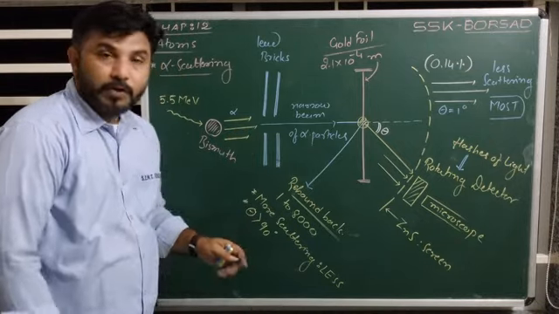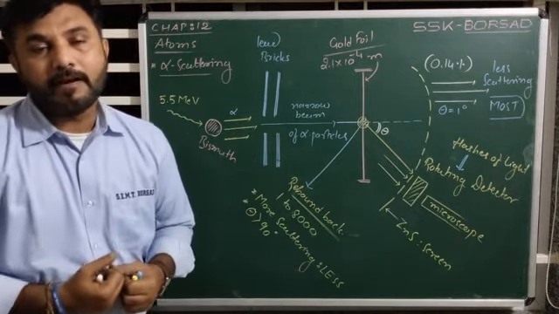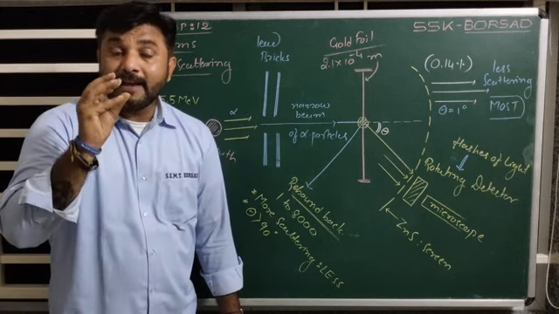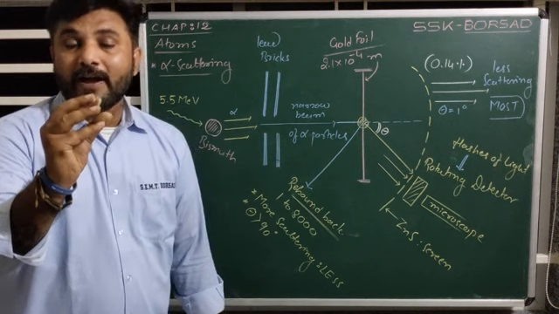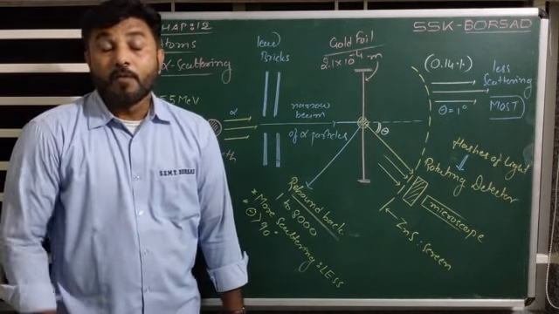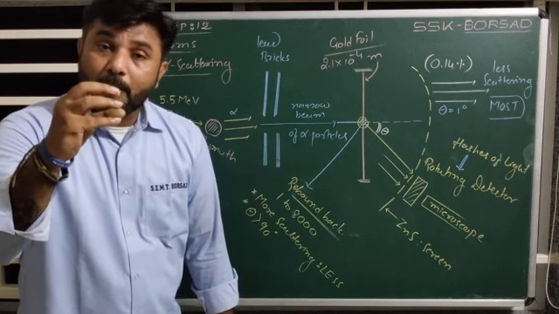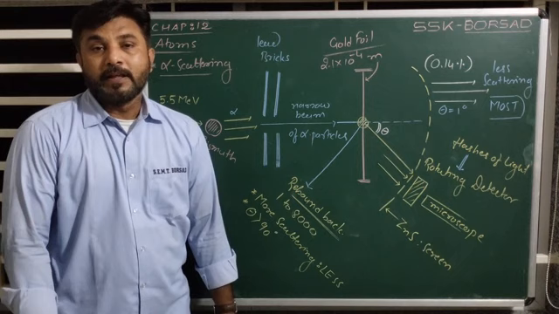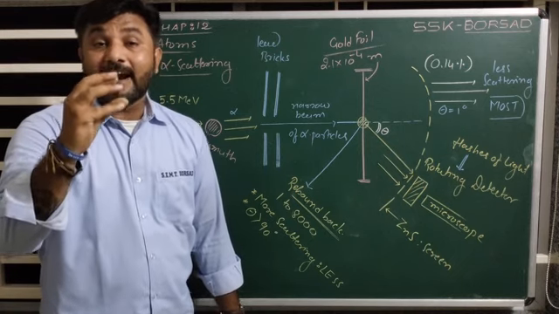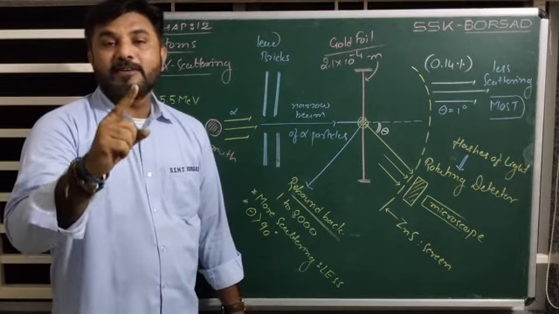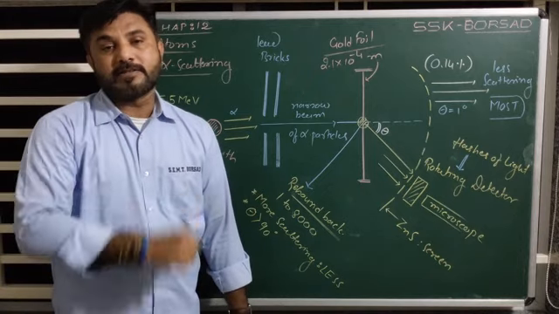After this, Rutherford suggested that inside the atom there is some region with positive charges, where the entire mass of an atom is concentrated, and that region is at the center, and that is known as nucleus.